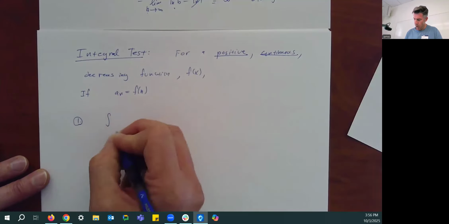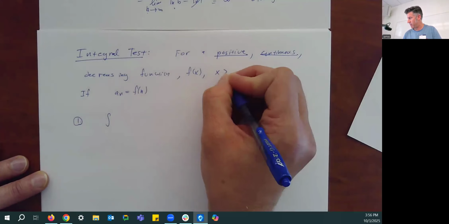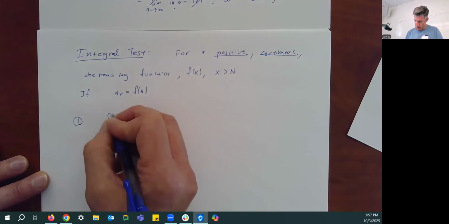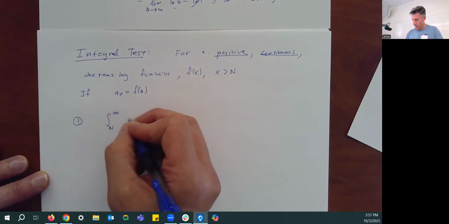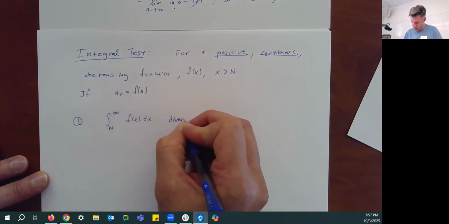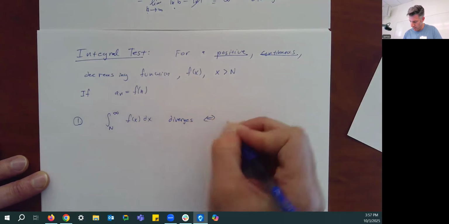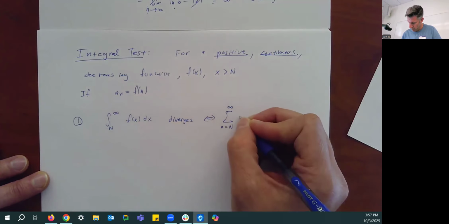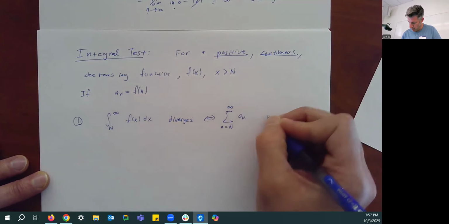The integral, and I should say for some x bigger than some number N, the integral of f of x dx diverges if and only if the sum from n equals capital N to infinity of a sub n diverges.